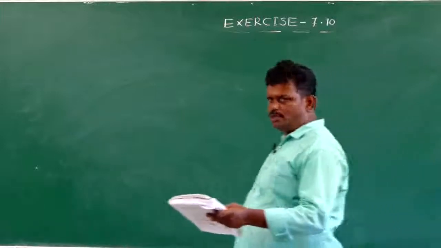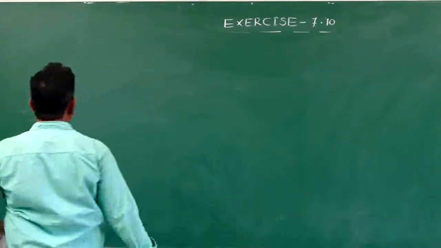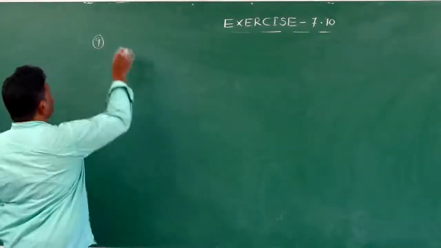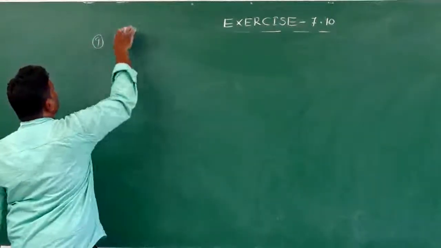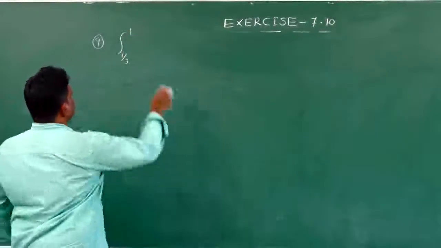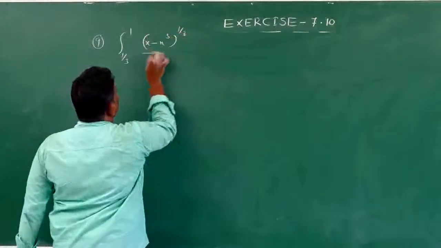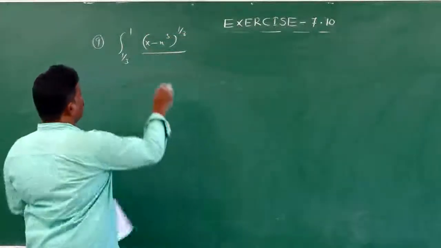Now the objective questions, two questions are given. Ninth one: the integral from 1 by 3 to 1 of (x minus x cube) whole power 1 by 3 divided by x power 4 dx.